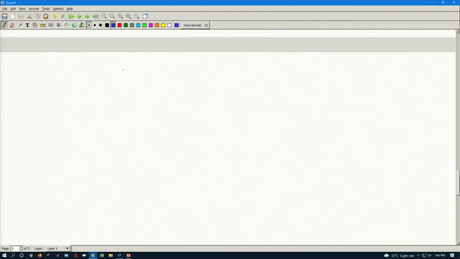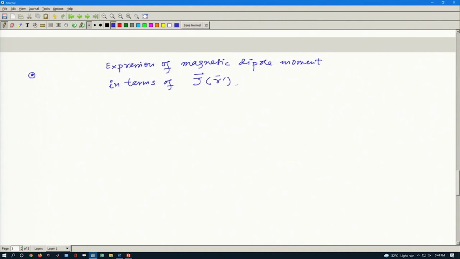So, this is the magnetic dipole moment, the expression of the magnetic dipole moment in terms of the current density J, which is a function of r prime.